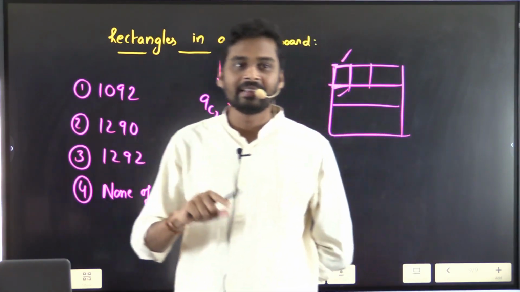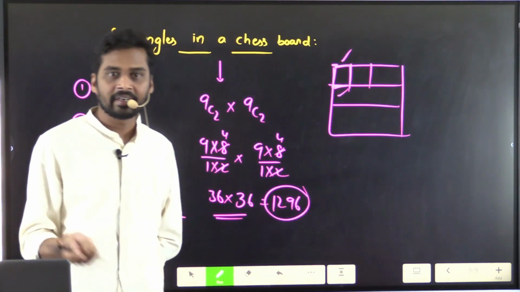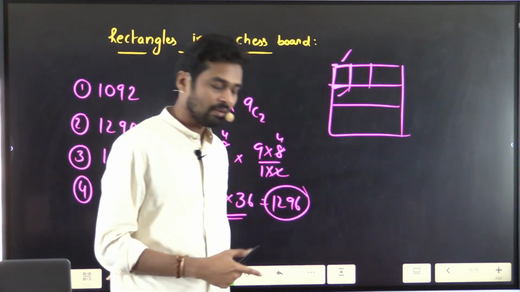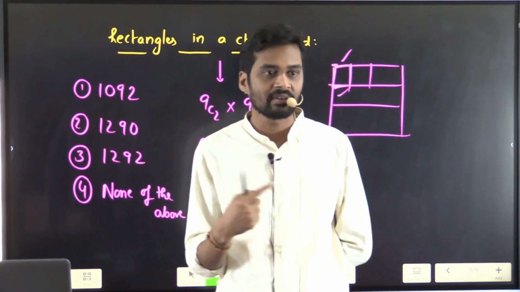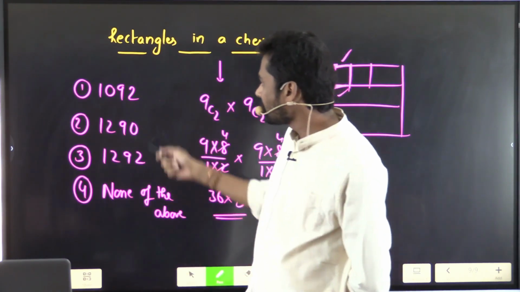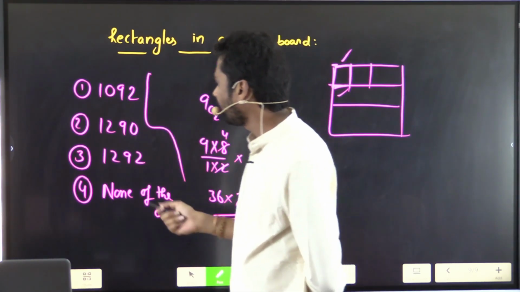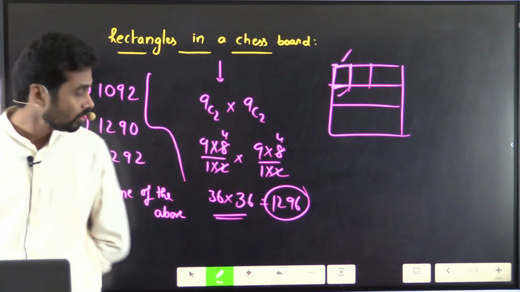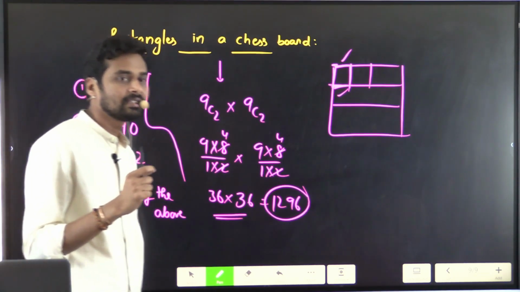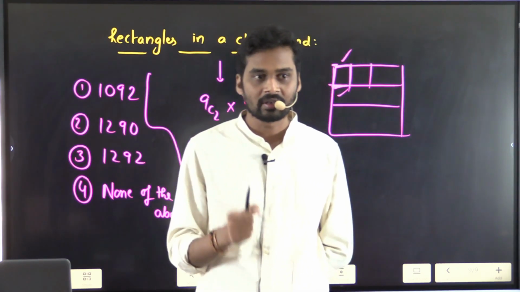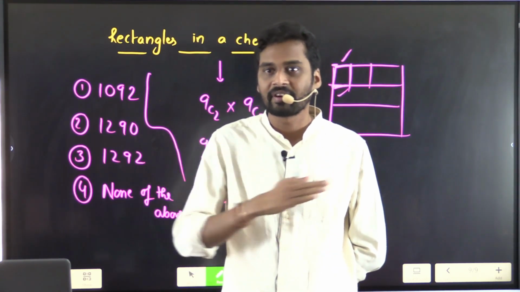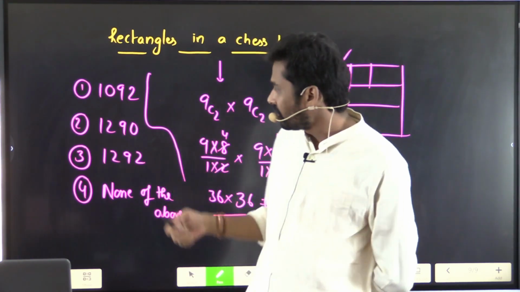So this 1296 also includes square boxes. Of course, a square itself is a rectangle, but if the options are given like this, he wants only purely rectangles, not the squares. That's why these options are given.